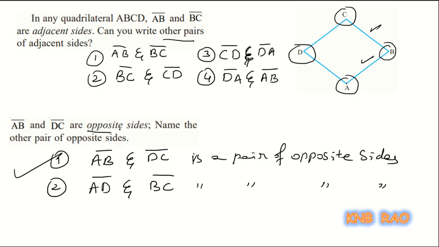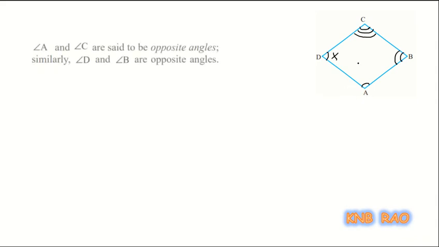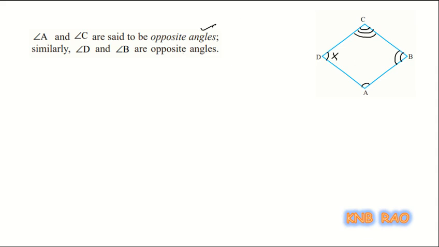Now, the same quadrilateral ABCD, angle A is opposite to angle C. Angle B is opposite to angle D. So I have got two pairs of opposite angles.